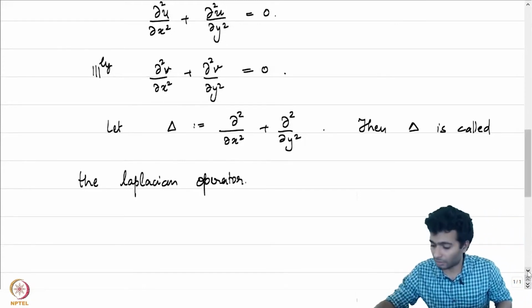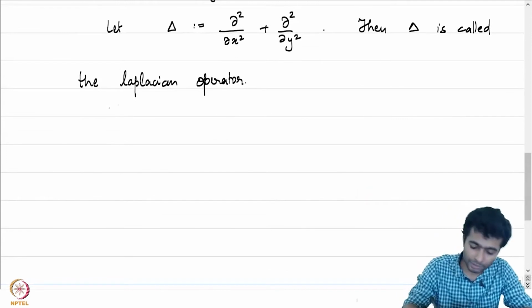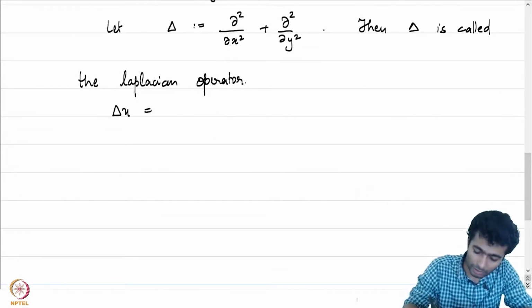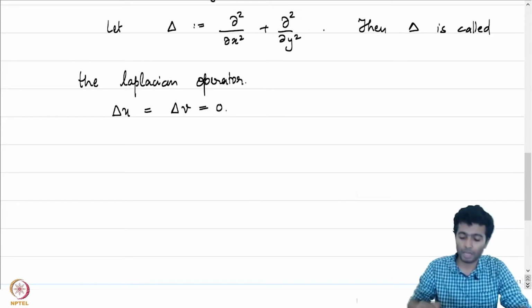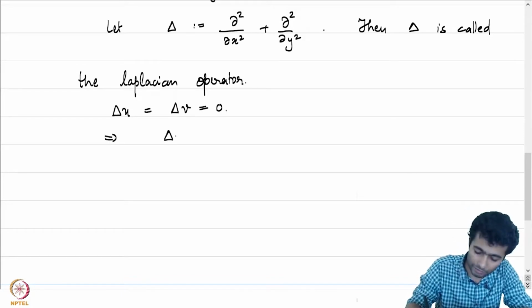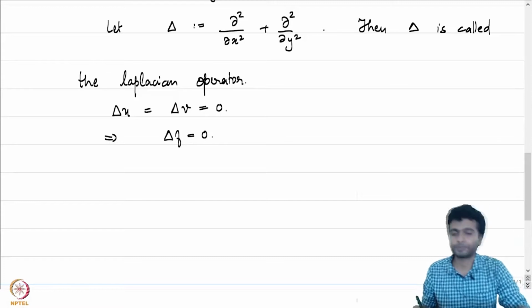And what we just noted is that the Laplacian of u is equal to the Laplacian of v is equal to 0. And therefore, the Laplacian of f is also equal to 0.